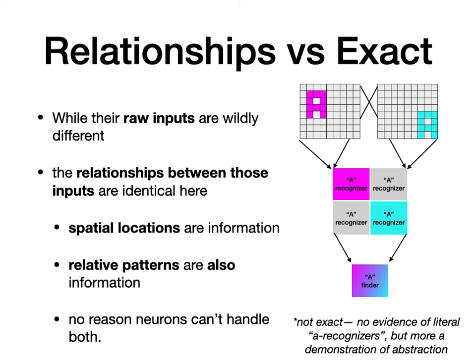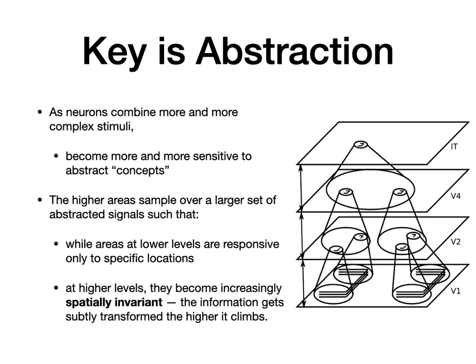This is how we're able to connect the dots and say, oh, these things, even though they have different surface-level specific features, have a pattern in common that lots of my other neurons can pass up to this pattern detector. Now, again, there's no evidence of literal A recognizers, right? But this is to carry us forward on the idea of abstraction. So the key to all of this is the idea of abstraction. So we've seen, look at this little image on the right, way at the bottom, we have detecting the raw patterns of light.